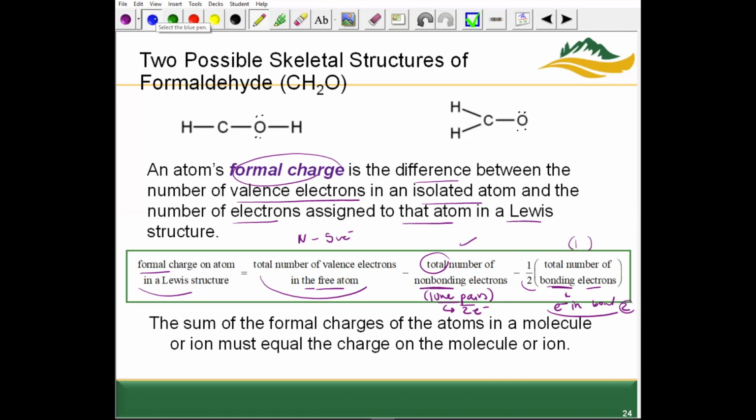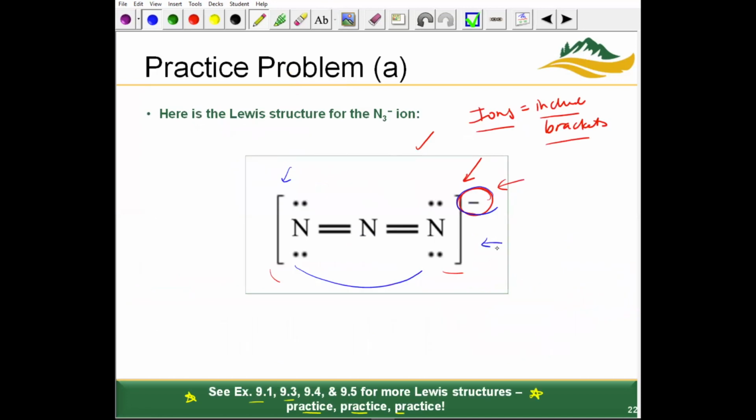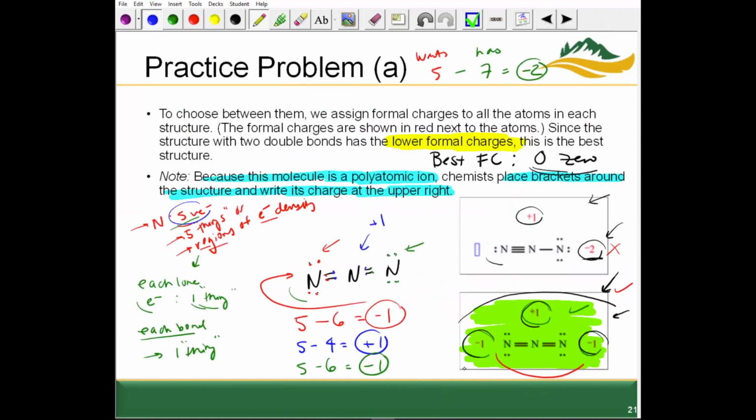When drawing Lewis dot structures, we need the sum of the formal charges of each of the atoms in that molecule or ion to equal the charge on the molecule or ion. Let's see if that worked out for the structure we selected. Overall, this is a -1 charge like we see here. We picked this Lewis dot structure.